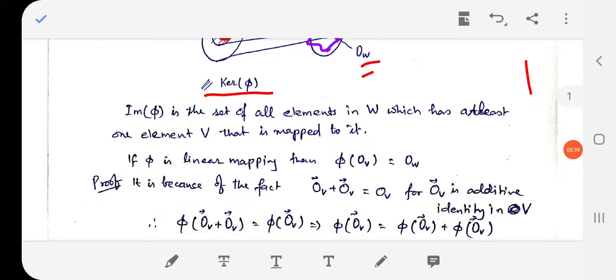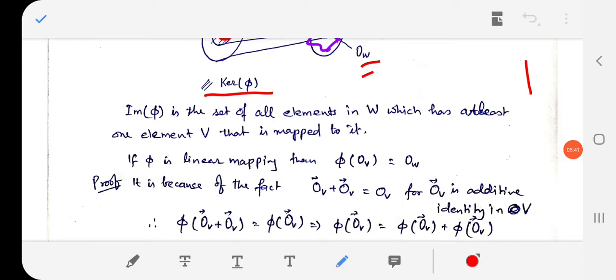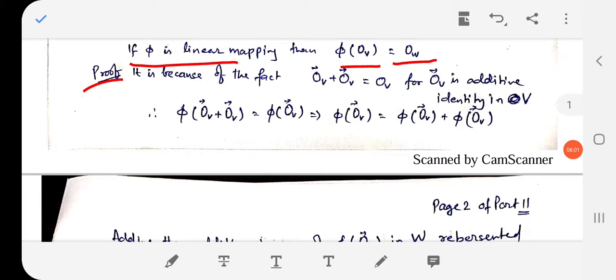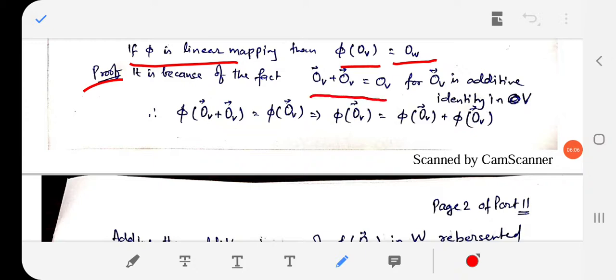There is also a theorem which says that for any linear mapping phi, the origin of the input space will always map to the origin of the output space. The proof is simple, which I think you will be able to do. It says that if it is an additive identity, it should follow this, and if I apply the linear mapping on both sides, this should follow.